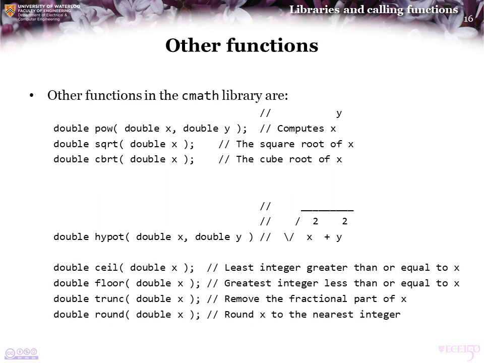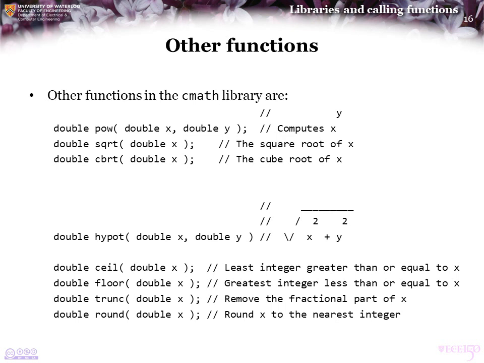There are also other functions which you've seen previously. The ceiling function, or ceil, returns the least integer greater than or equal to the value of x, whereas the floor function returns the greatest integer less than or equal to x. Trunc removes the fractional part of x and returns that integer.